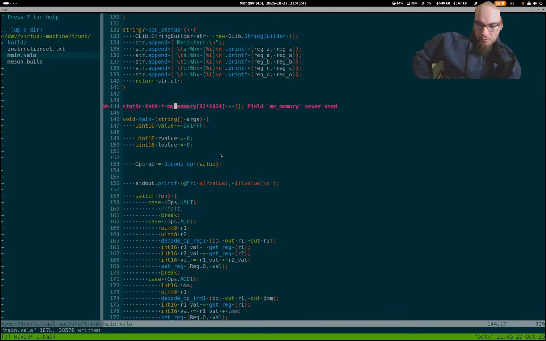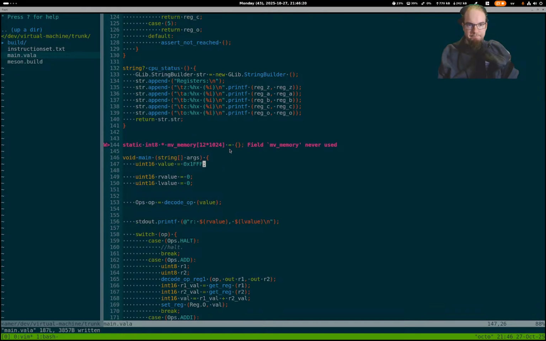That means we have to write a compiler too, which I do not know how to do, really. But that will be interesting. We have to have so much stuff.